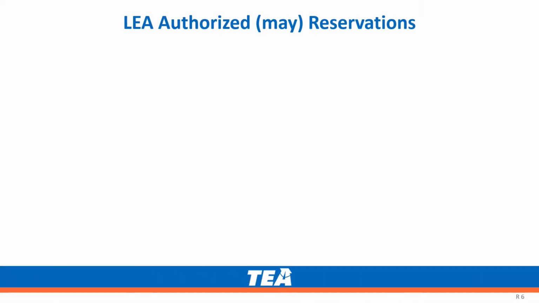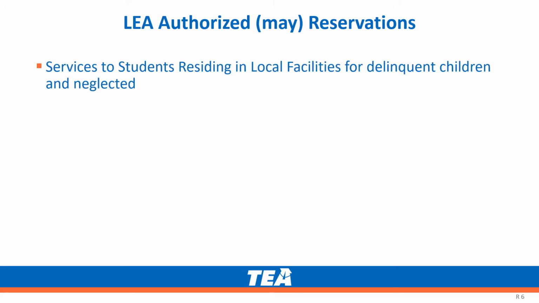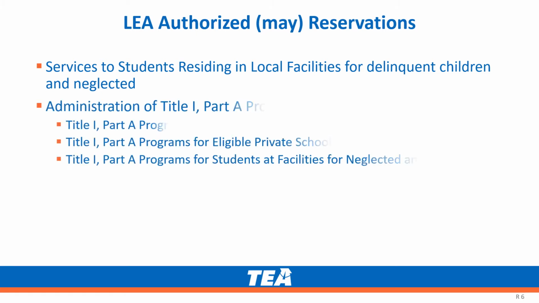In addition to the required Title I Part A reservations we just discussed, an LEA at its discretion may reserve funds for the following authorized activities: services to students in local institutions for delinquent children and neglected or delinquent children in community day programs, administration of Title I programs for public school children, which includes administration of the Title I Part A program at the LEA level, administration of Title I Part A programs for eligible private school students, and programs for students at facilities for neglected and delinquent.